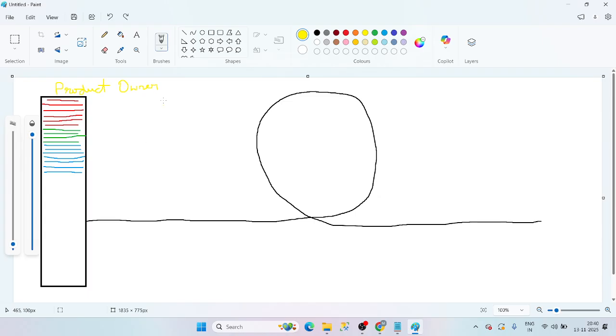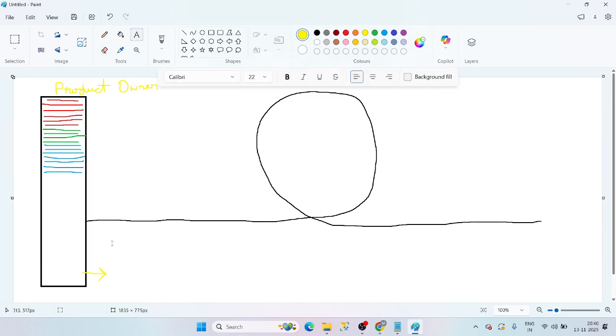Now we are keeping all the requirements here, right? This is called the product backlog. I will change the color, guys; this color is not effective.